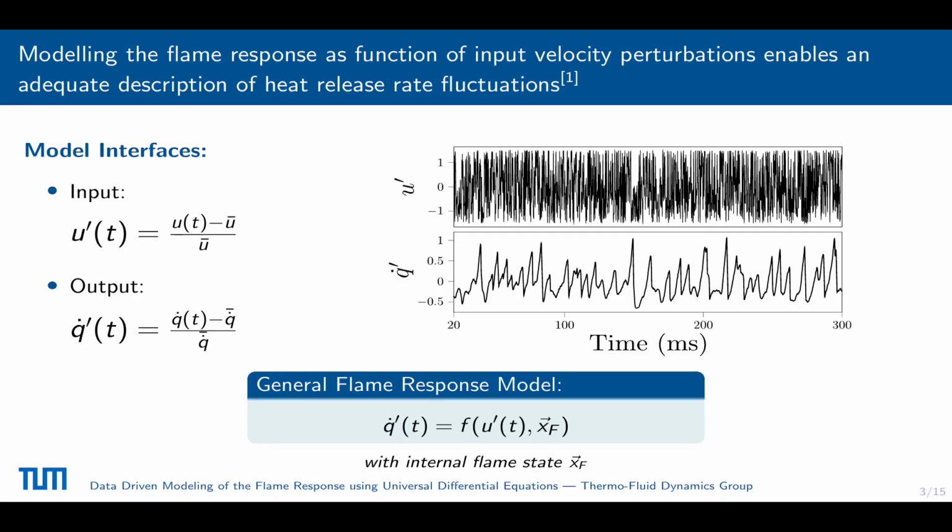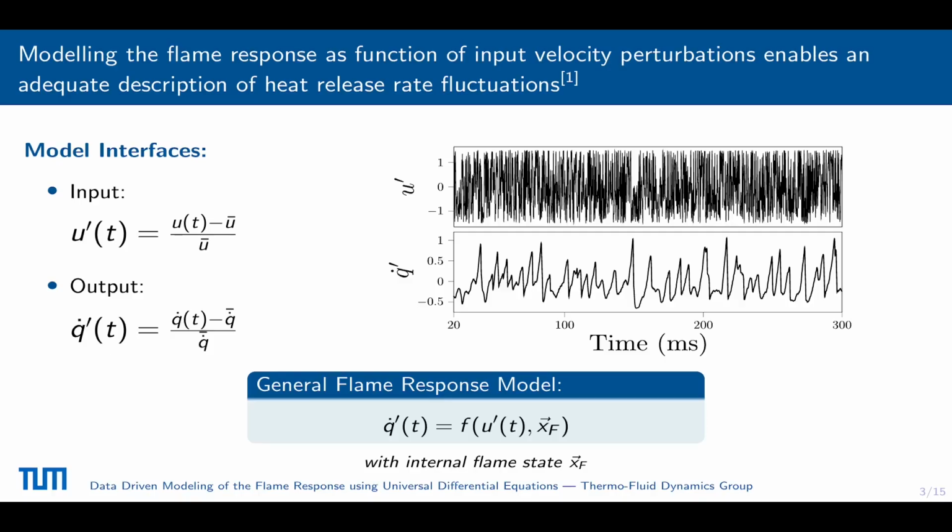Now, this yields a general flame response model where we say q dot prime of t, so current heat release rate fluctuations, are a function of current input velocity perturbations and also x of f, something that we call an internal flame state.